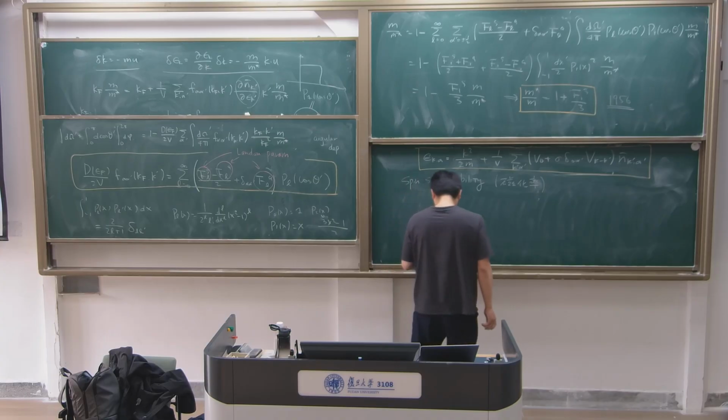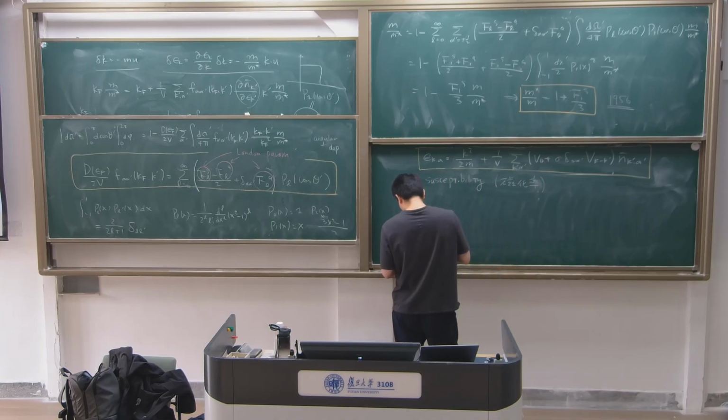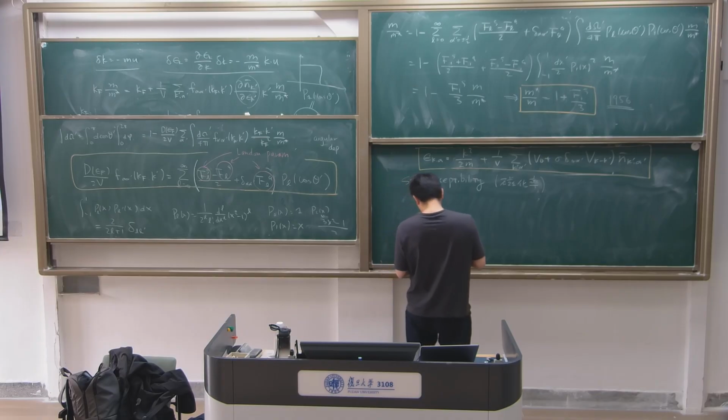So suppose you have a magnetic flux density B here.